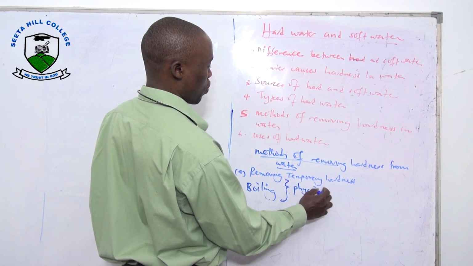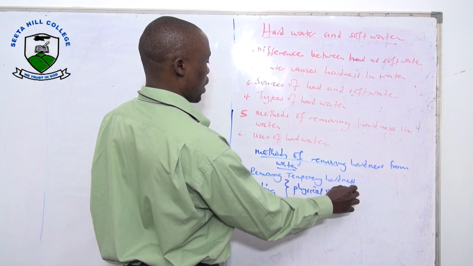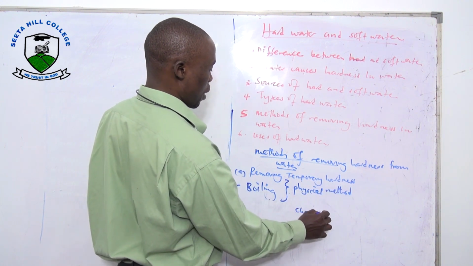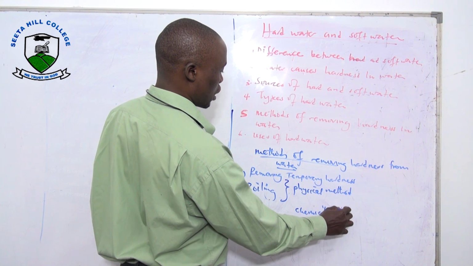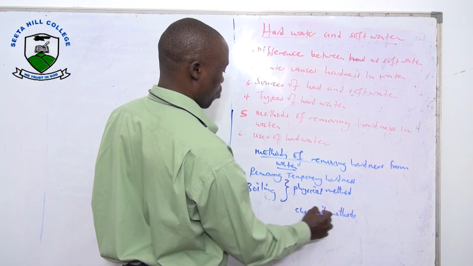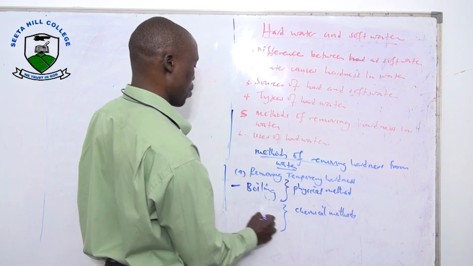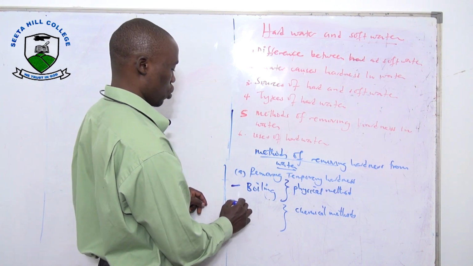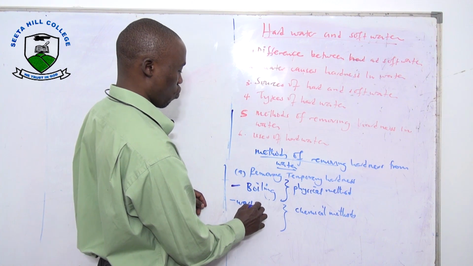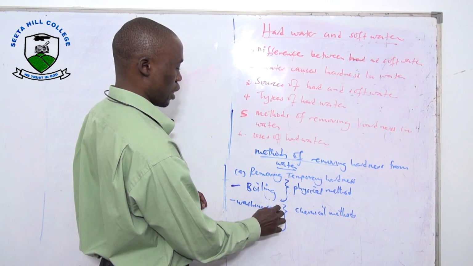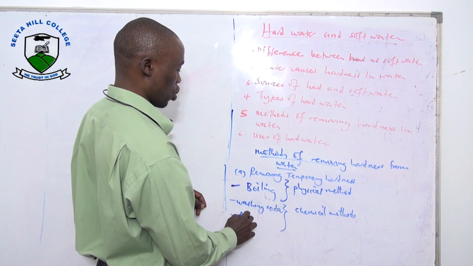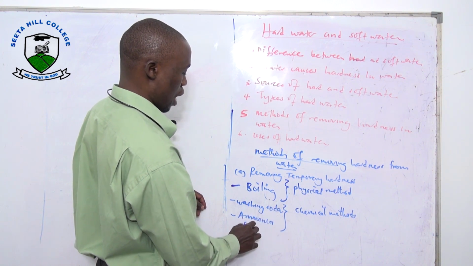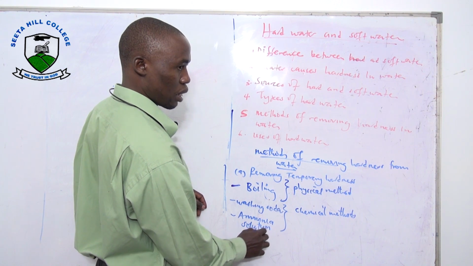Boiling, a physical method. Then chemical methods for removing temporary hardness: we add washing soda. Addition of a solution called what? Ammonia solution.